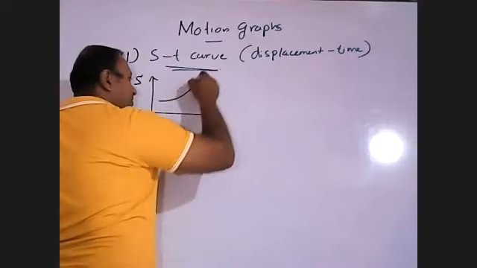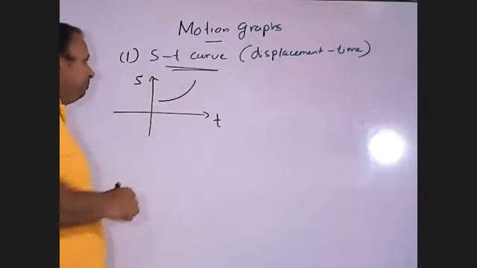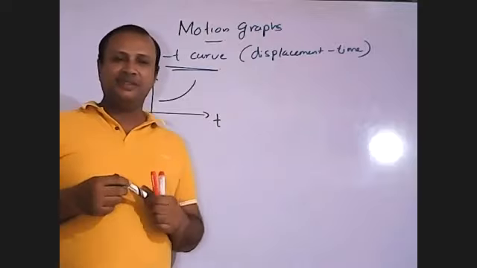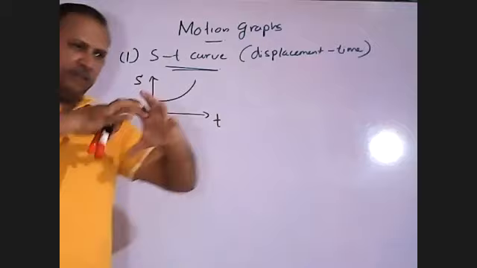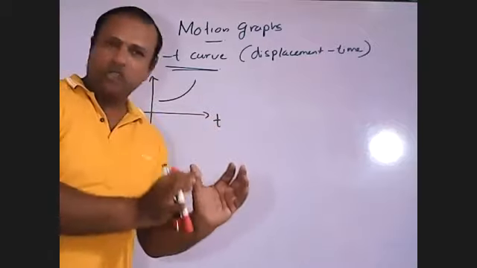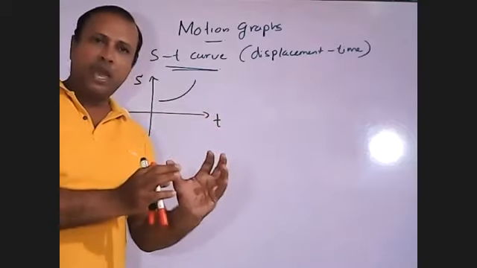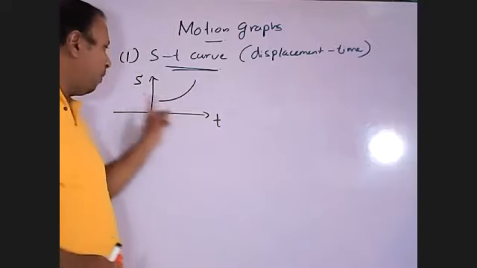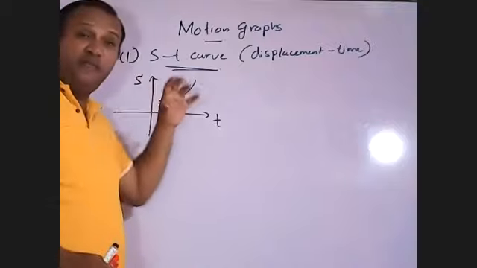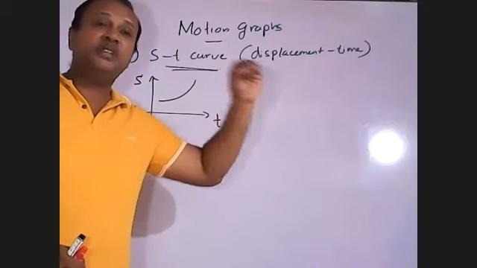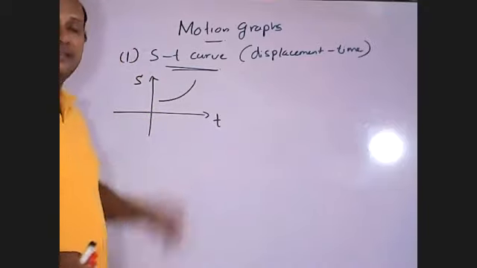What is the gradient of ST curve? We have discussed that thing. If you want to describe a motion graph, the first thing you have to identify is what are the two axes, and what are the physical quantities represented by those axes.